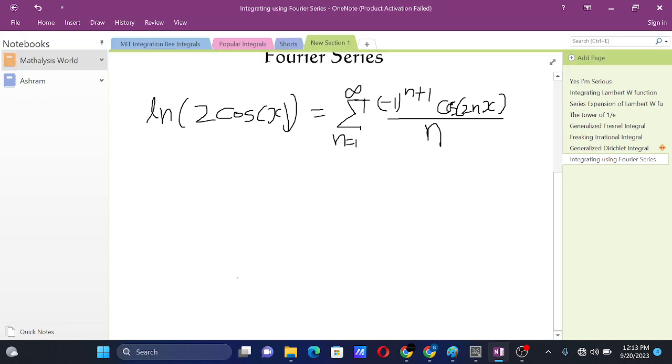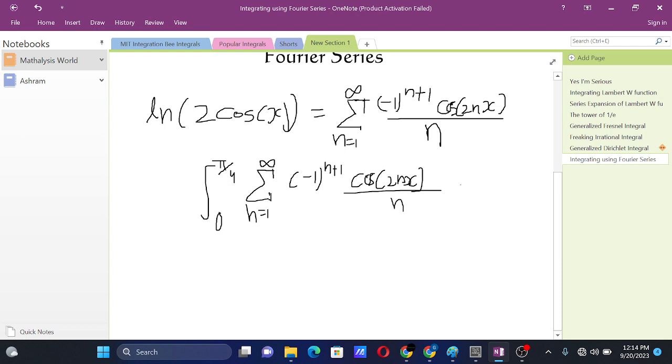So we will have the integral from 0 to pi by 4 of the summation from n equals 1 to infinity of negative 1 to the power n plus 1, cos 2nx by n, dx.